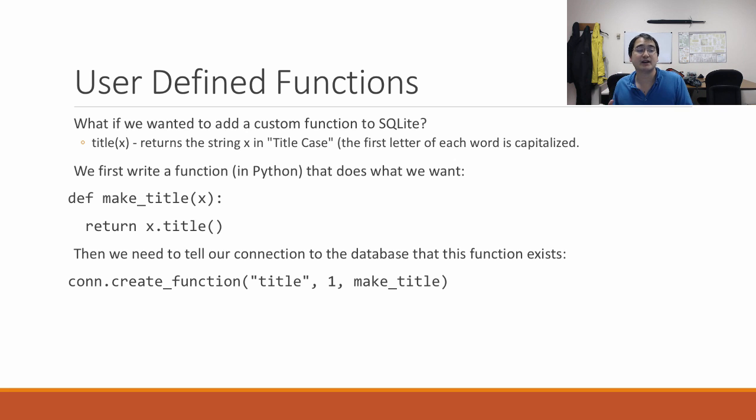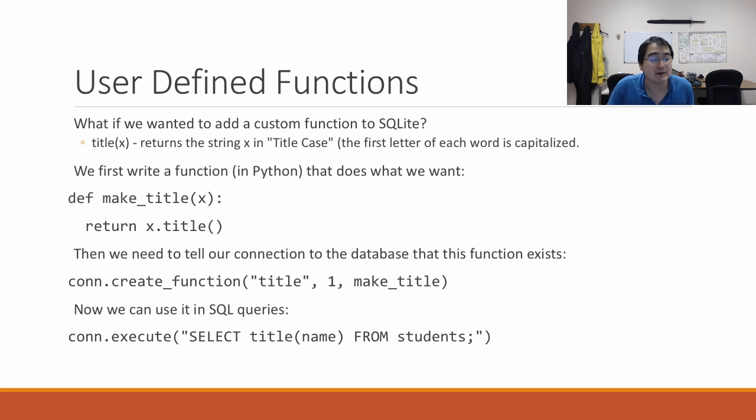And then what you do is you tell your connection to the database. Remember that conn thing that you always get from the connect function of sqlite3, the thing that you keep calling execute on? Well, instead of calling execute on it, you call create_function on it, and you pass in the name of the function, you pass in the number of arguments it takes, and then you pass in the actual function itself, which in this case was make_title.